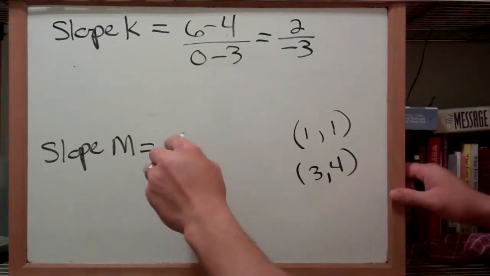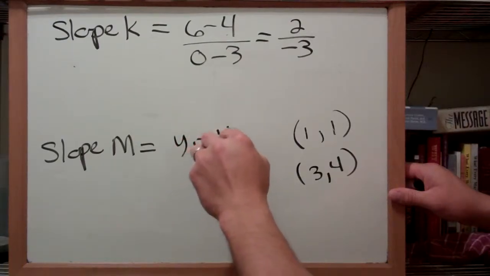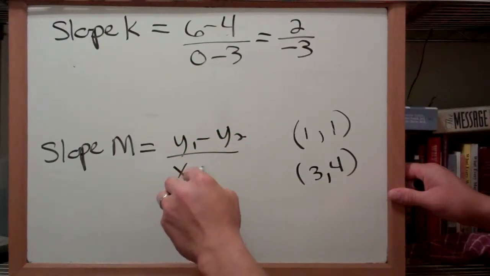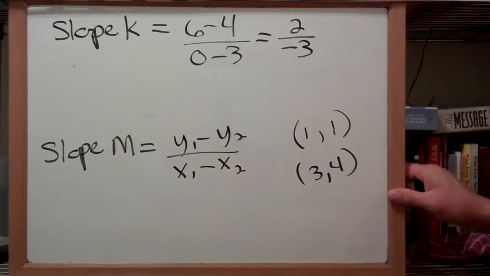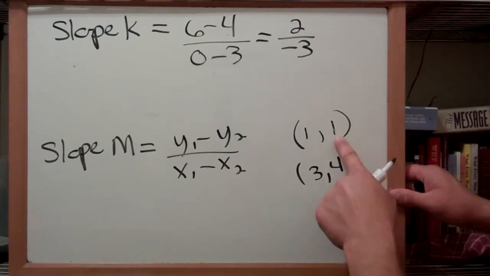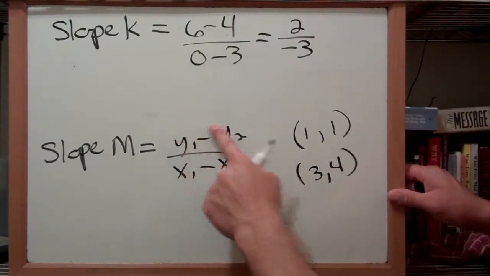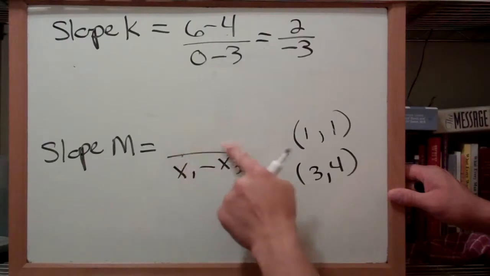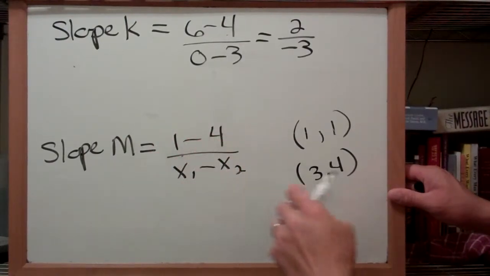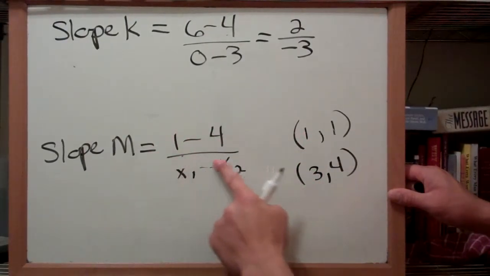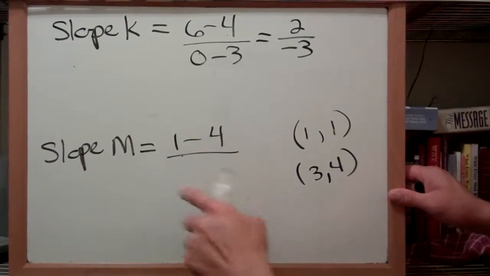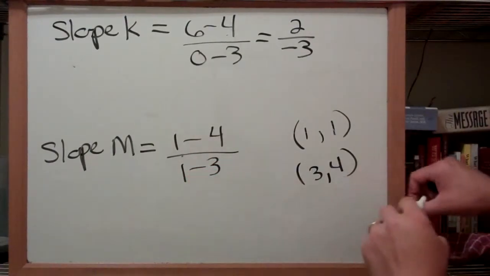For line M, if we use the slope formula, y1 minus y2 all over x1 minus x2, we can see y1 minus y2, so 1 minus 4 goes on top, and then 1 minus 3 on the bottom.